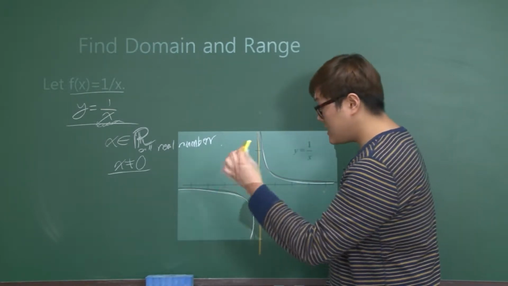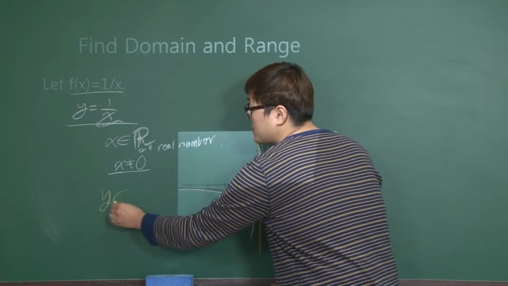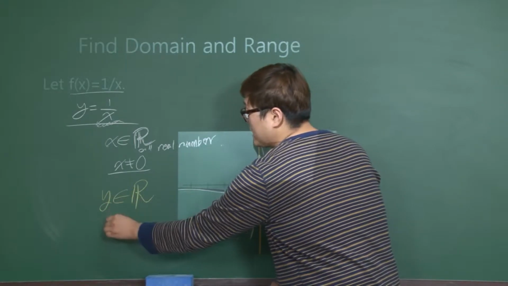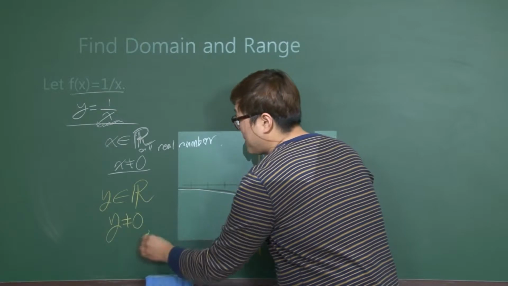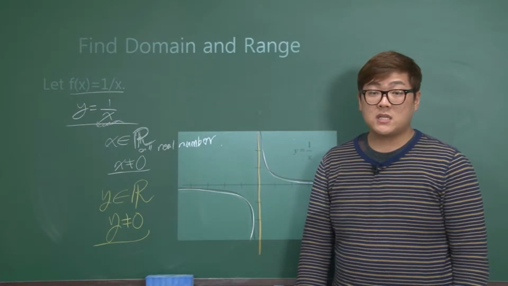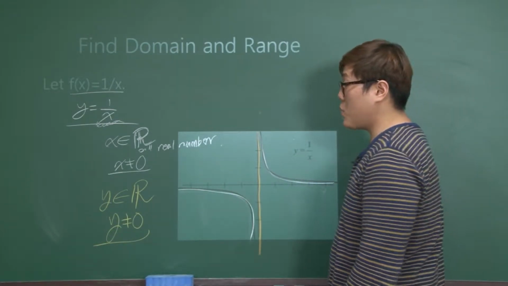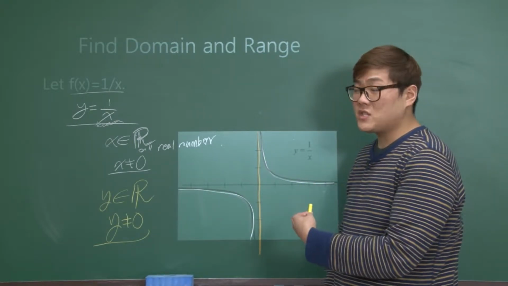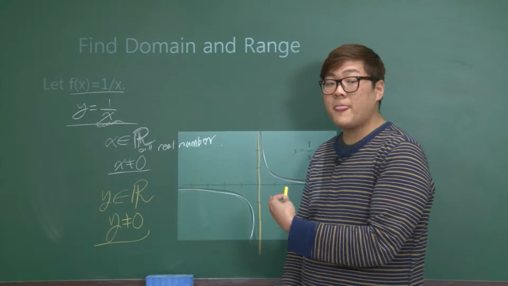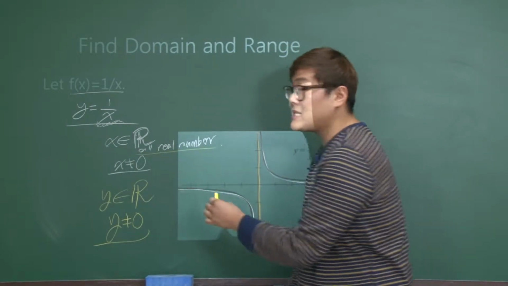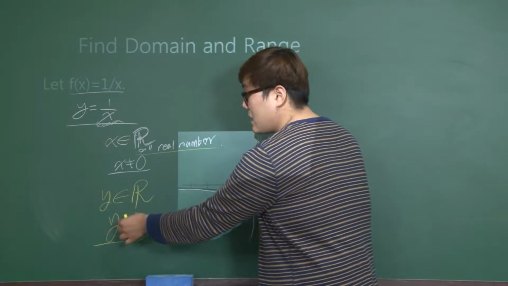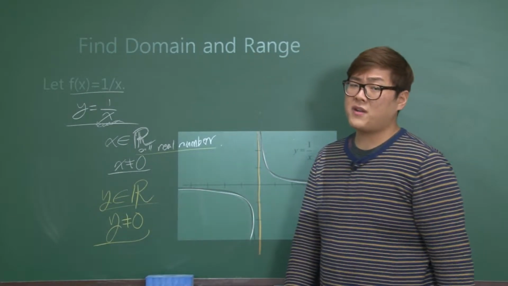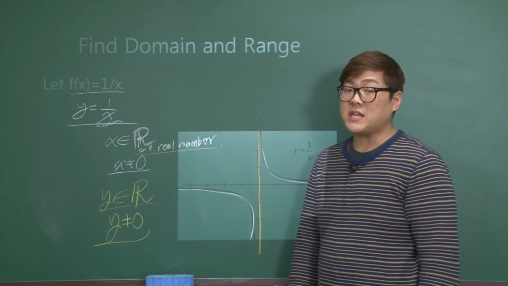That means, and this is really important, the range is also all real numbers, but y also cannot be 0. This is one of the most important things. We are going to see a lot of problems, a lot of functions, but basically most of them have all real numbers as the domain and all real numbers as the range.